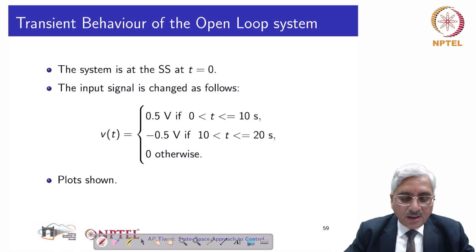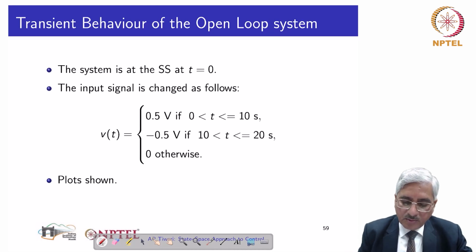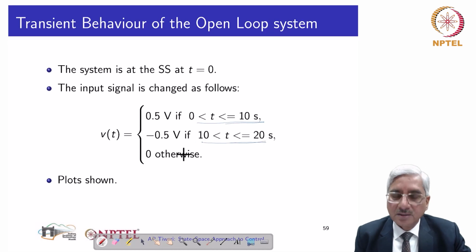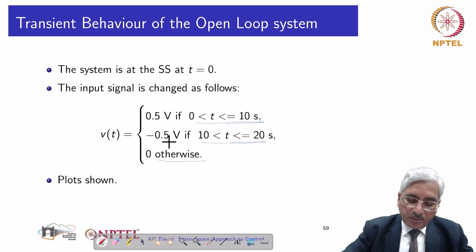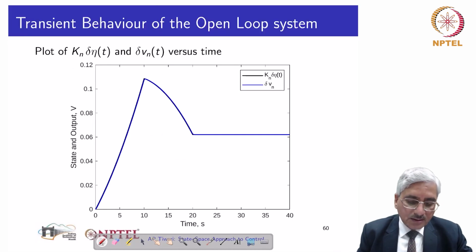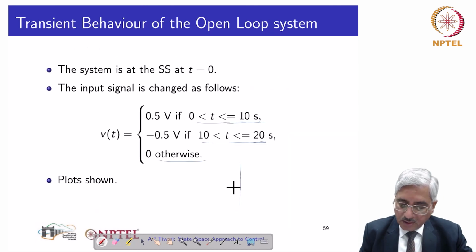Now we subject the system to a transient to understand how it behaves. The system is at the steady state at t equal to 0, and the input signal is changed in this manner. A small voltage is applied for 10 seconds, and then a reverse voltage is applied, and subsequently it becomes 0. Let me just explain, I think that voltage profile is not shown.